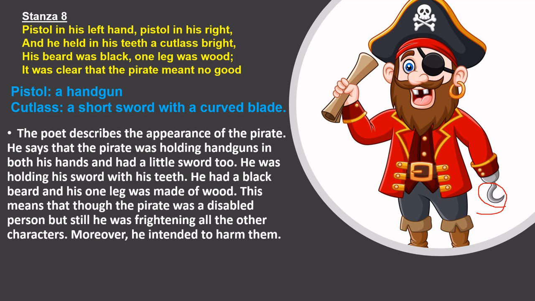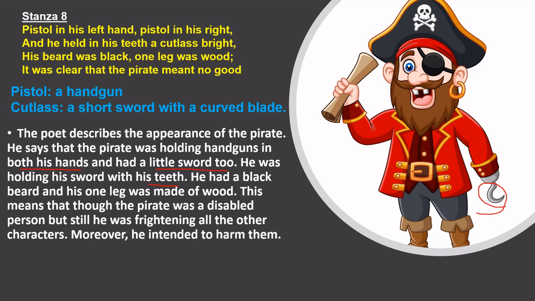In this stanza, the poet describes the appearance of the pirate. He says that the pirate was holding handguns in both his hands and had a little sword too. He was holding his sword with his teeth. Why was he holding his sword with his teeth? Because in both his hands he was holding a gun. He had a black beard and one leg made of wood.